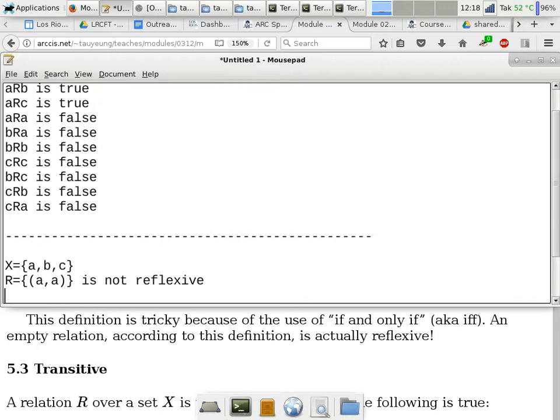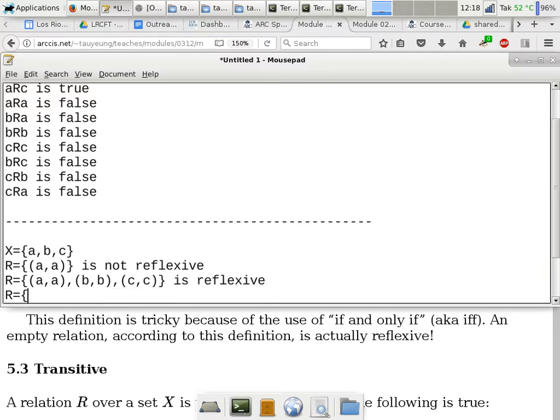What about this R then? If we redefine R so that we have AA, BB, and CC, would that be reflexive? Definitely. So this is reflexive. What about this one? We've got AA, BB, CC, and I'm going to throw in AC in here.